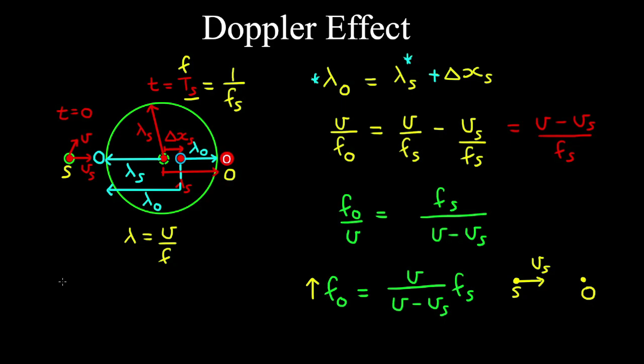So that'll give you a relationship being the frequency heard by the observer is equal to the speed of sound over the speed of sound plus the speed of the source by the frequency of the source. So in this case, the source is moving away from a stationary observer, and therefore the observer will hear a lower frequency.